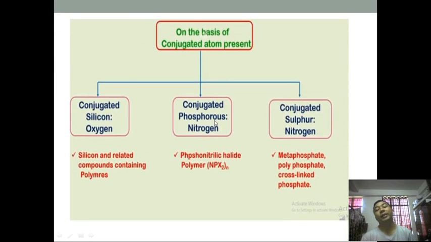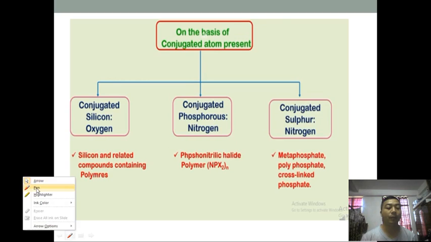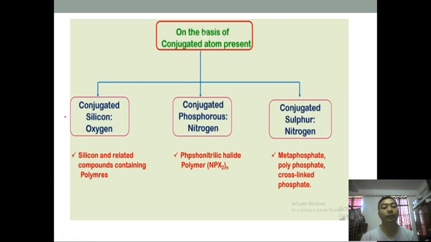The fourth type is on the basis of conjugated atoms present. On this basis, inorganic polymers are further divided into conjugated silicon, right? Silicon and related compounds containing polymers. Conjugated phosphorus, where nitrogen is present, phosphonitrile halide.